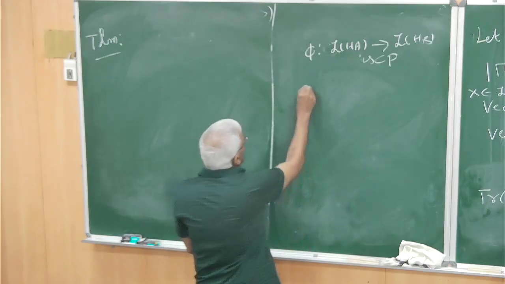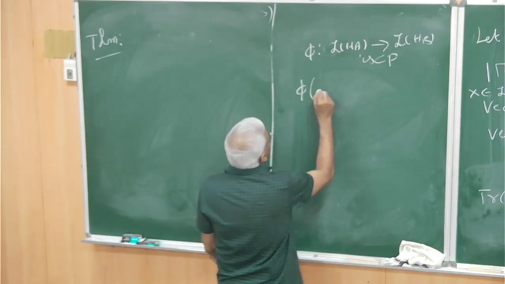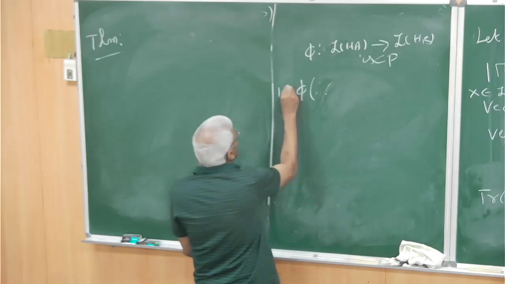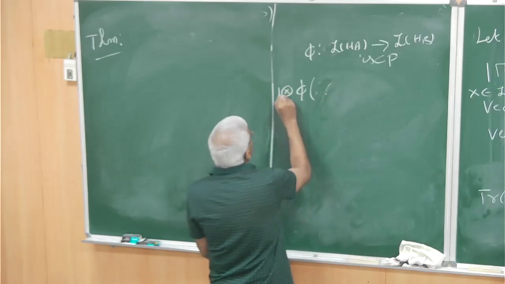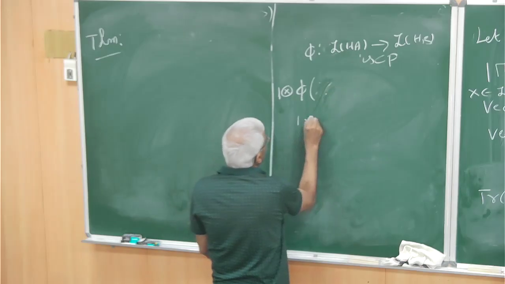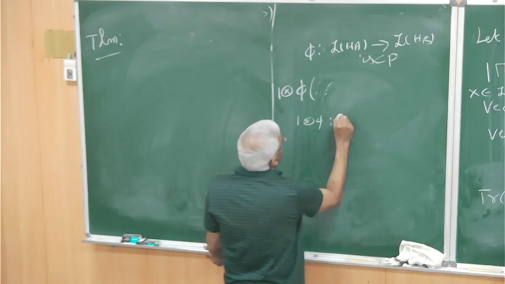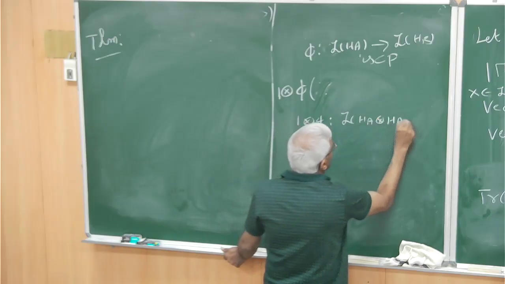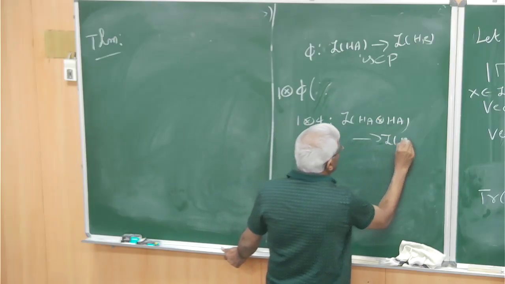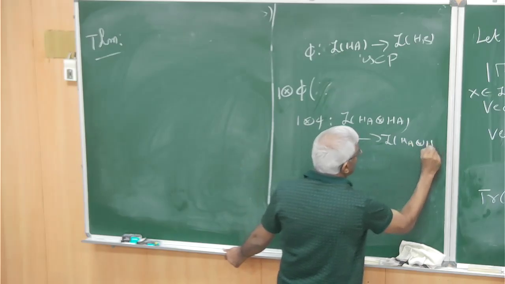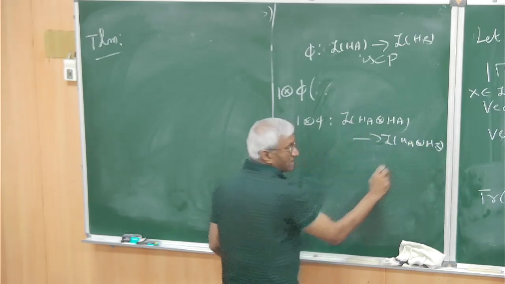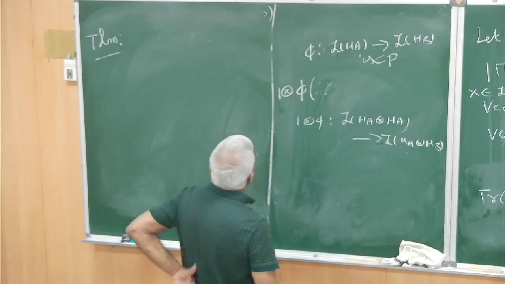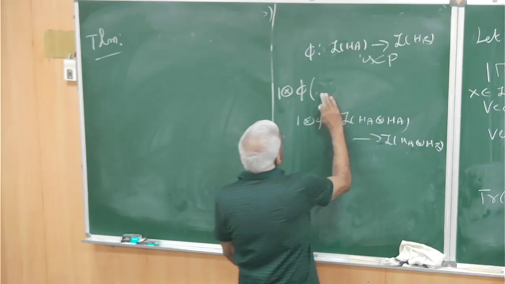P of this one, the summation of one tensor phi acting on one tensor phi, is from L of HA tensor HA to L of HA tensor HB. So you will get an element here. One tensor phi of this.